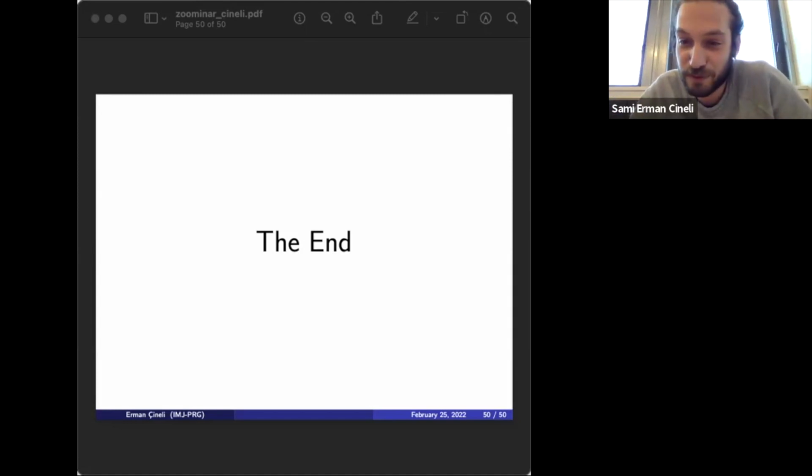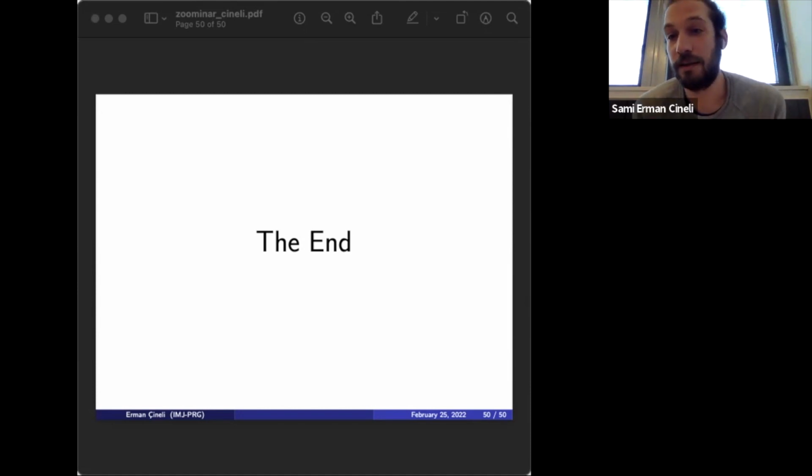I don't know examples where they don't coincide, and in the paper we conjecture that they do coincide, C infinity generically, but I don't have much to say about this.